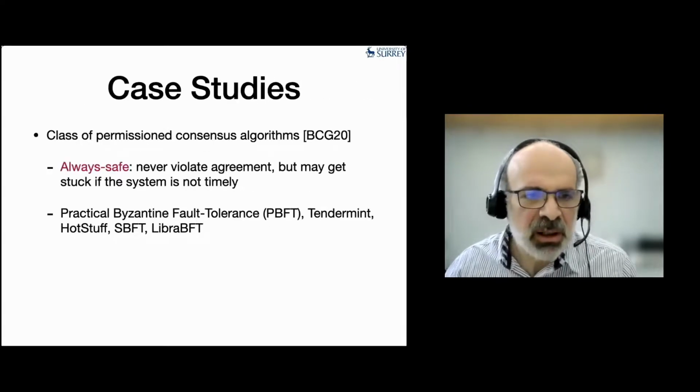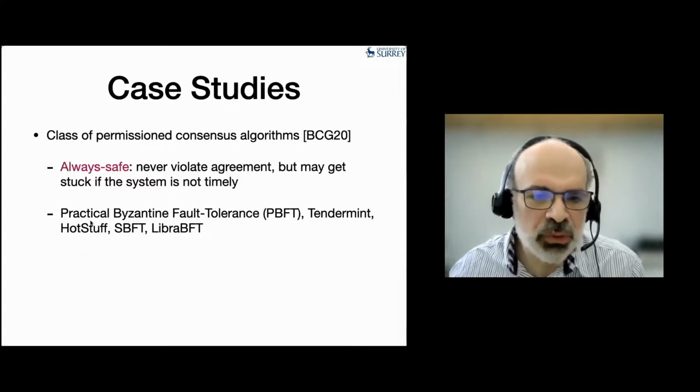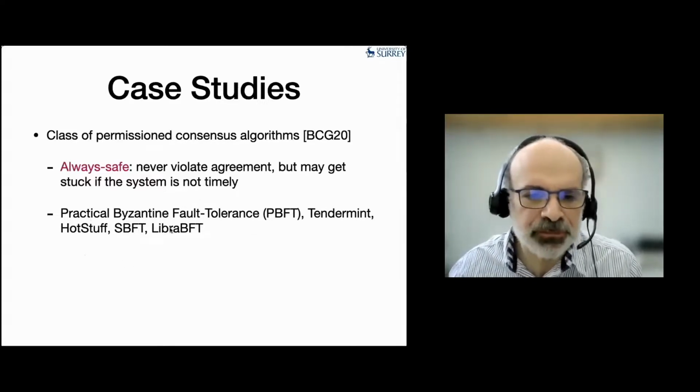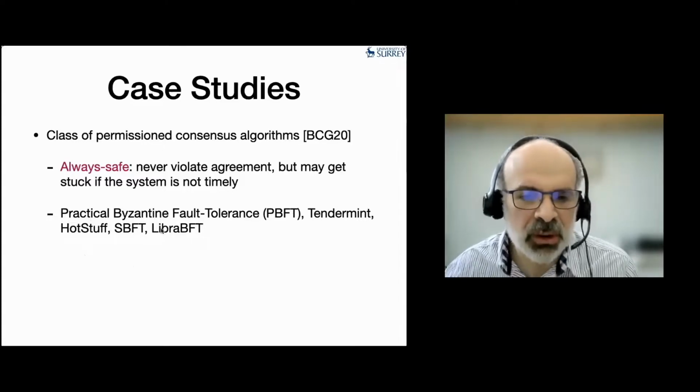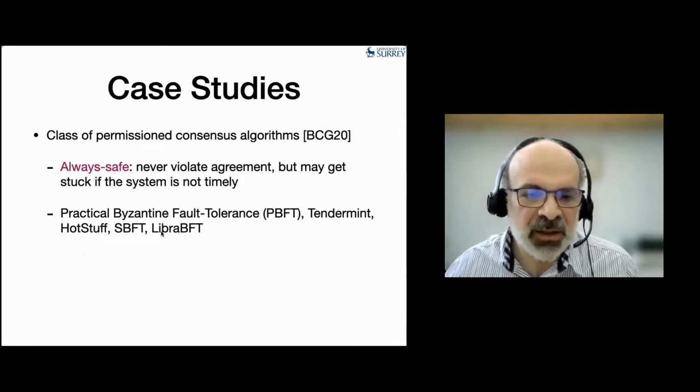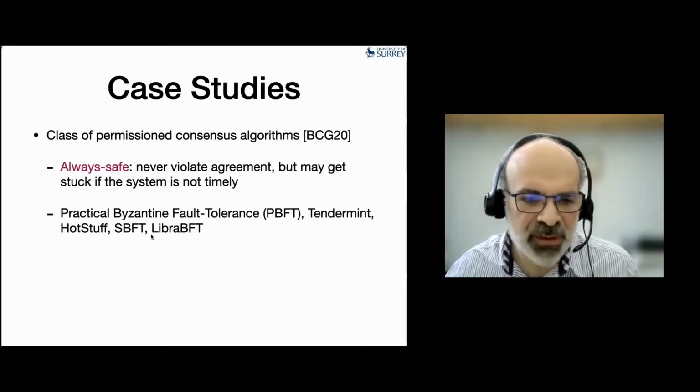We considered a number of case studies, and we were able to put a number of real consensus algorithms used in real blockchain implementations into the Synchronizer framework, and as a result obtain very simple, very clear algorithms, almost didactically clear. Here are some examples of algorithms that we considered.